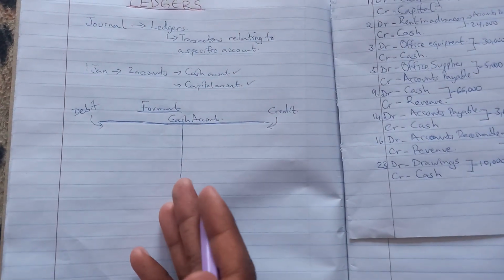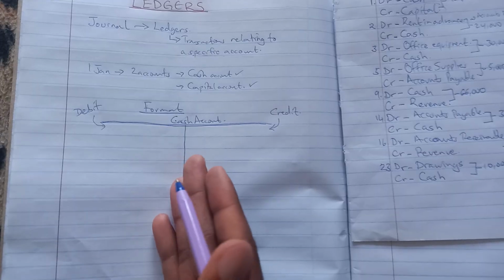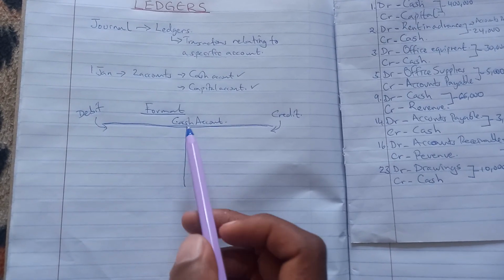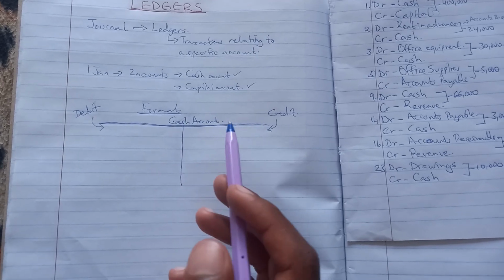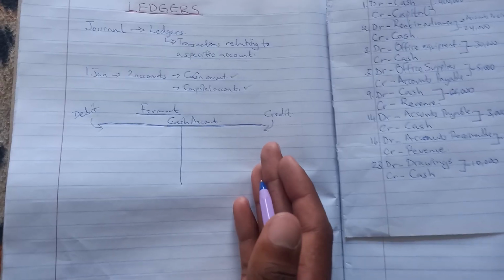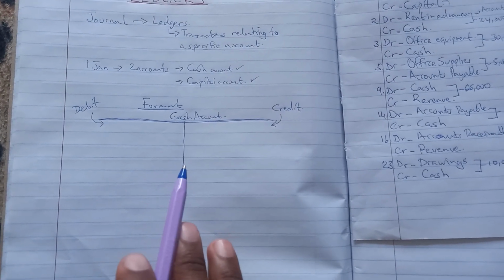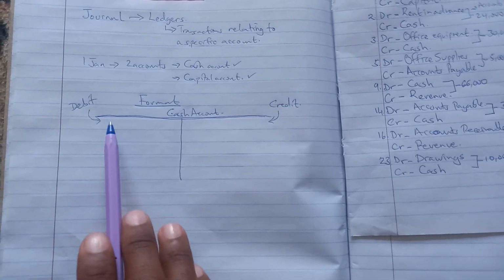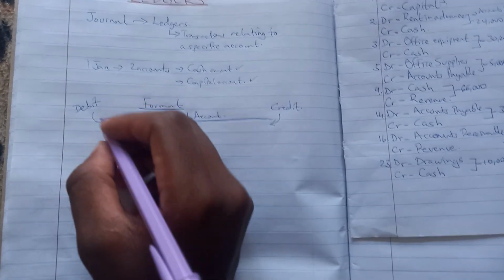Okay, so transactions which will involve the cash account on the debit, you will write them on this side, the left side, and vice versa. The transactions which will involve this account on the credit side, you will write them on this side. Okay, so the normal format for people who have drawn ledger accounts, they will always draw it like this.